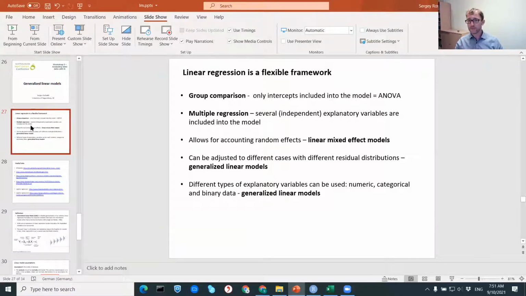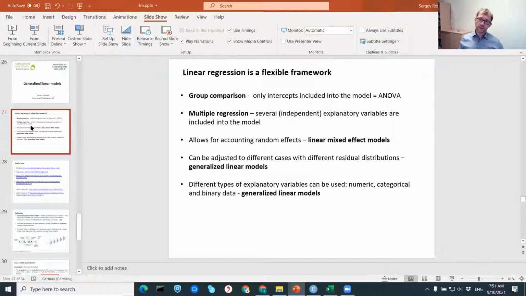You can also run so-called multiple regression. We could test several, usually independent, explanatory variables and their effect on the response, like mean germination time in our case. You could also account for so-called random effects, for example, if you run an experiment in which your objects, plants, or petri dishes are in blocks. You could also account for those possible effects.